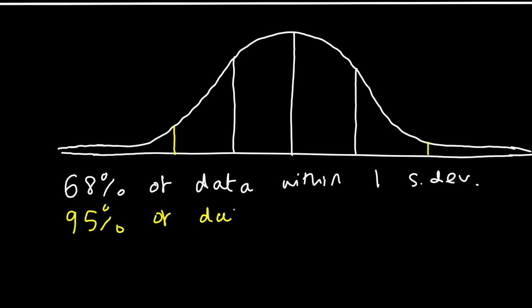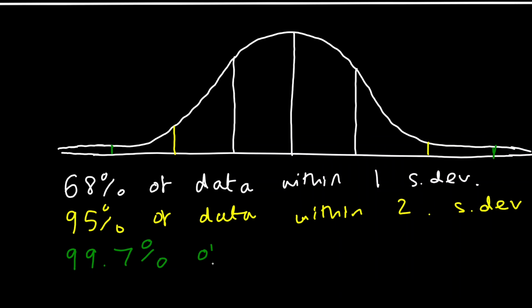So 95% of data within two standard deviations. And within three standard deviations, we get 99.7% of the data is within three standard deviations.